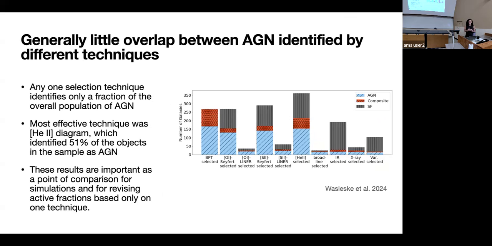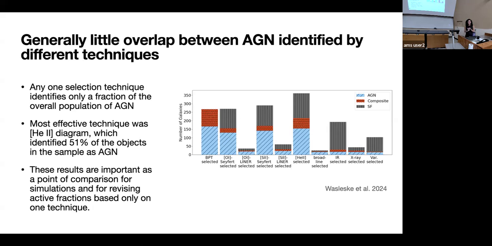So what we found is that there's generally little overlap between the objects that are identified by different techniques, and that any one active galactic nucleus selection technique only finds a fraction of the overall population of active black holes in dwarf galaxies.